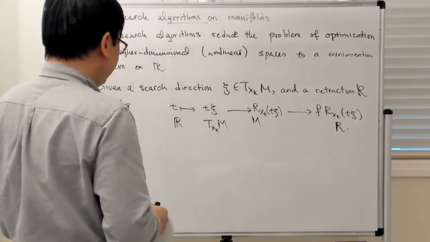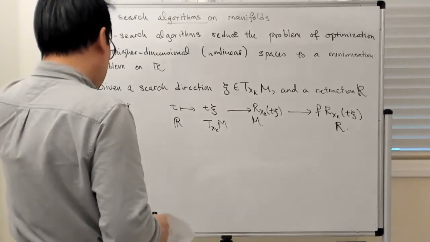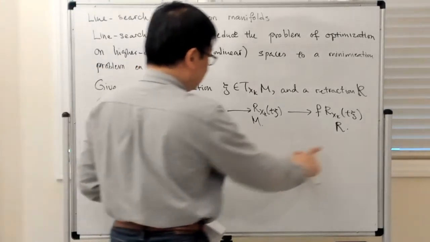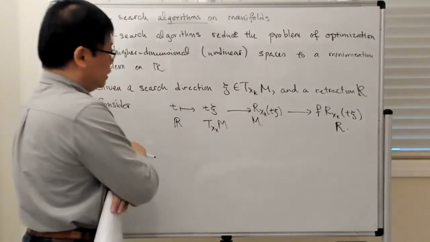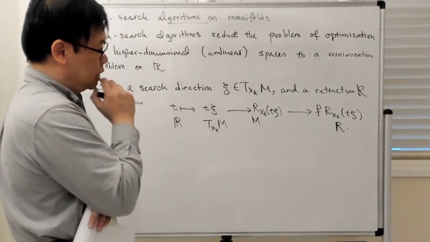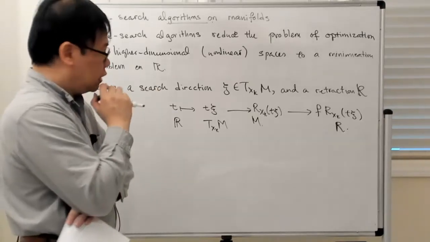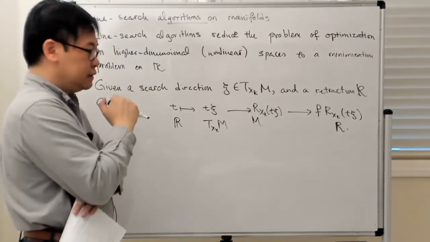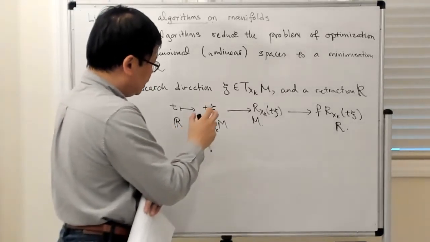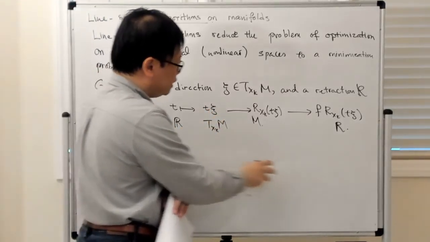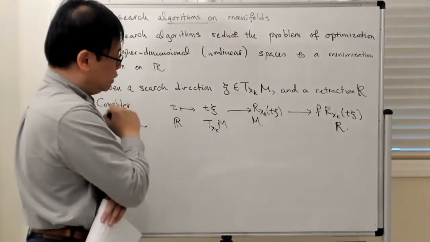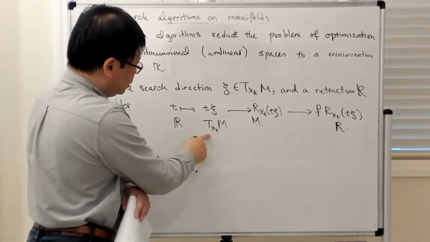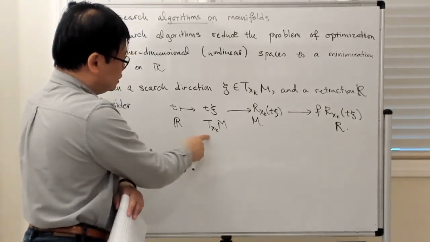The other way to think about this, if you don't want to think of it from R to R, is from the point of view of optimization. In the usual linear space setting, you have a map from a Euclidean space to R, and here you could search over search directions.